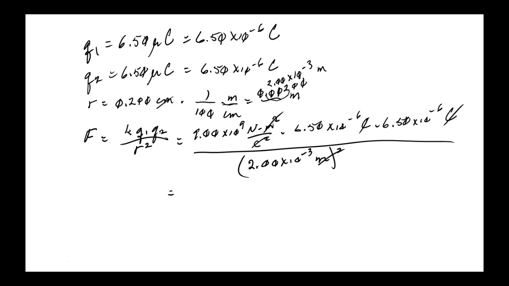Negative 6. Okay, 2 EE, negative 3, and then square that number.